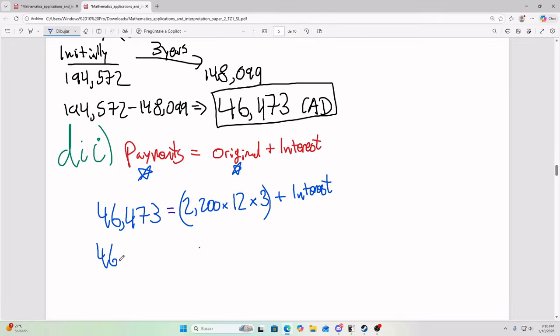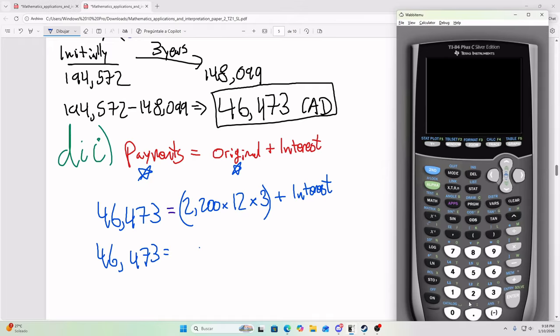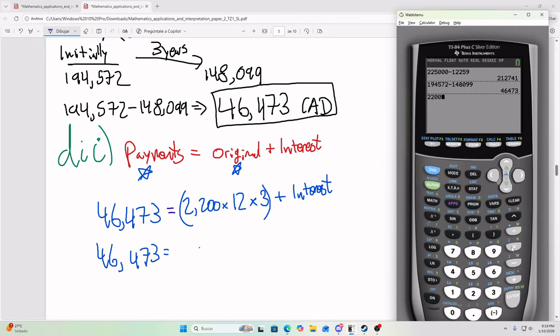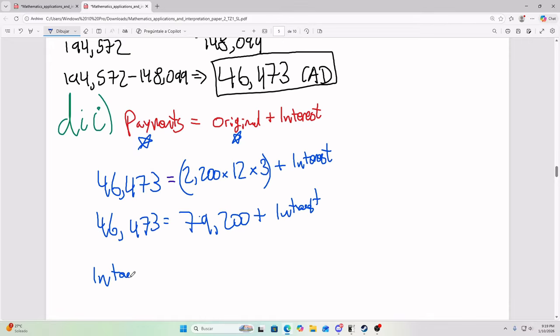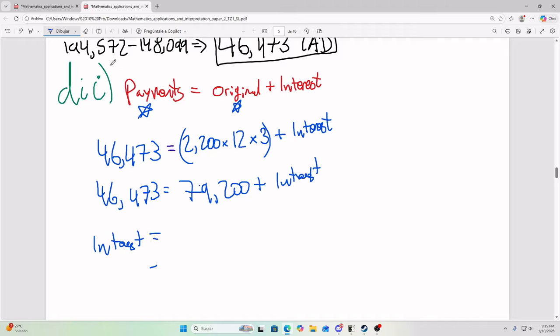From here you end up with 46,473 equals 2,200 times 12 times 3, which is 79,200, plus this interest. That means the interest will equal 46,473 minus the 79,200.